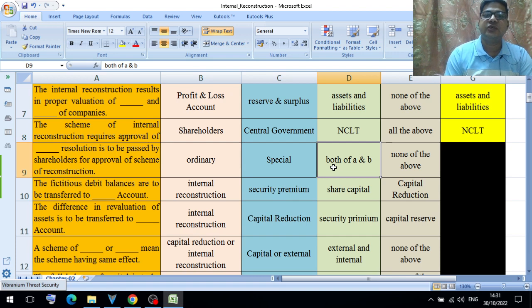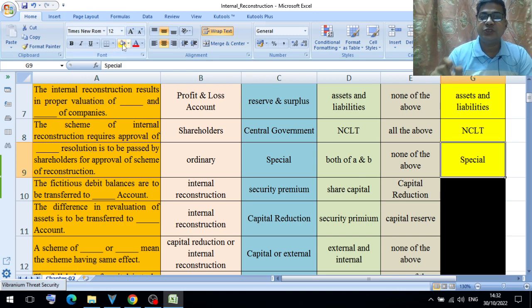Option C, both A and B, it means ordinary and special both. And option D, none of the above. So here the answer is a special resolution, to be passed by shareholders for approval of the scheme of reconstruction.